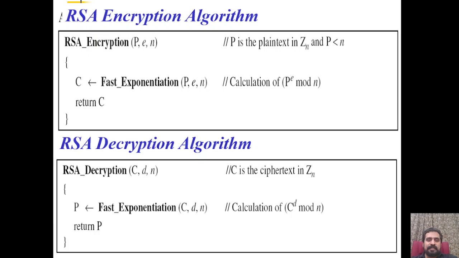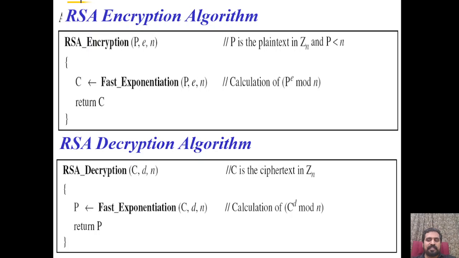Second is the RSA encryption algorithm. To encrypt the message M, we need to convert it to an integer between 0 and N minus 1. This can be done using a reversible encoding scheme such as ASCII or UTF-8.